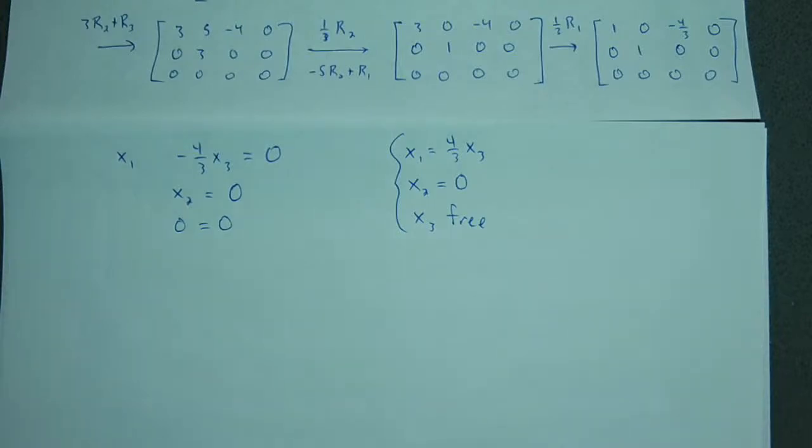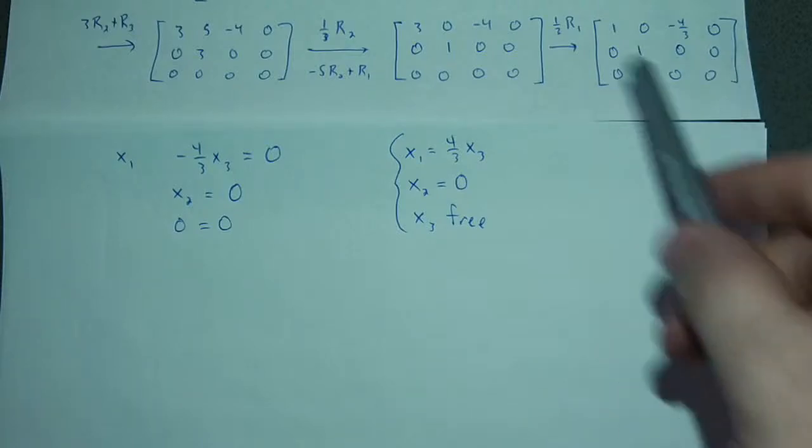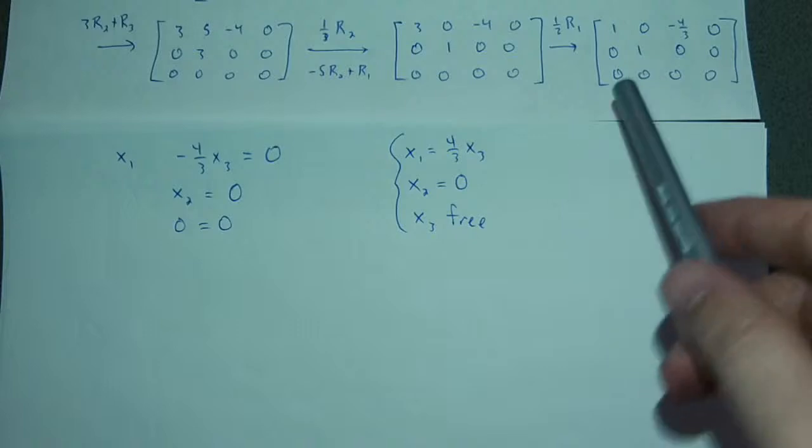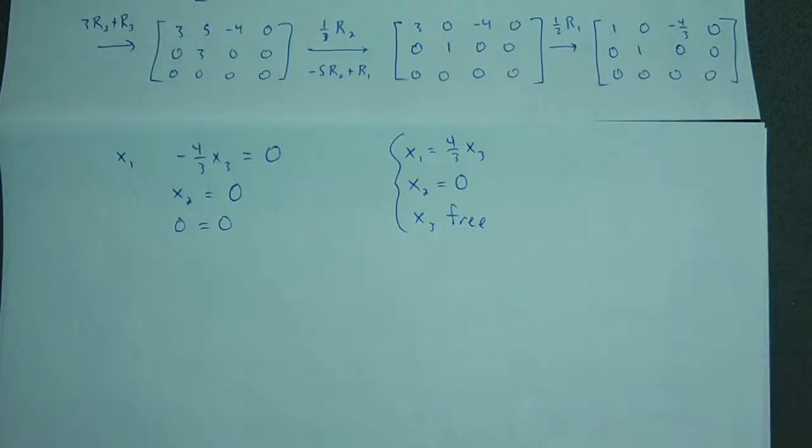Okay, but by the conventions that we've done, the free variables are associated to the non-pivot column, right? So for us, the non-pivot column is the third column, and that's the free variable. The point is, if you wanted to do it in another way where you didn't care where the pivots were arranged, then you could technically do it that way, although you'd have to redo how you do reduced row echelon form.